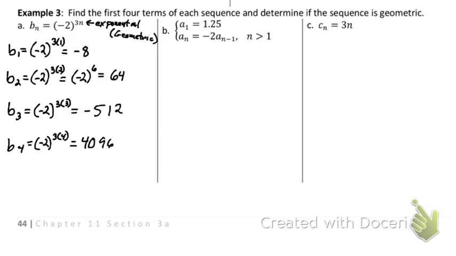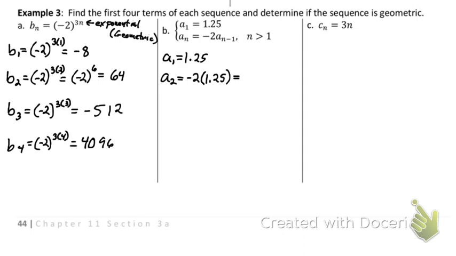Let's check it out. So we would have a sub 1 equals 1.25. Oof, don't skip numbers. My second term is going to be negative 2 times the term before it. The term before it is 1.25. So we have a positive 1.25. We're multiplying it by negative 2.